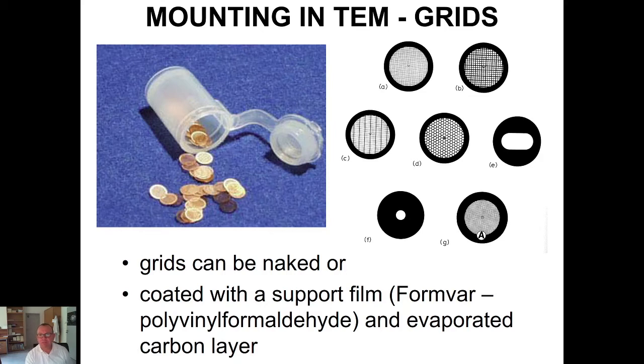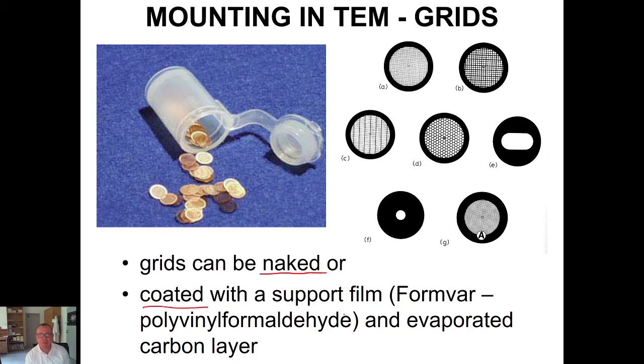You can see that their structure, their raster, can be very variable, and they can be used without any other coating, so-called naked grids, but they can also be coated.